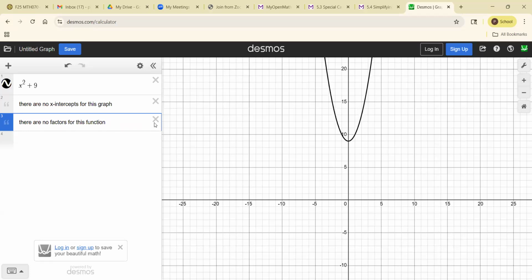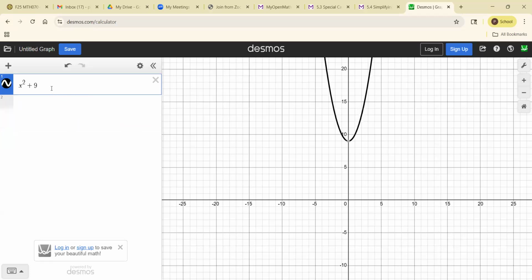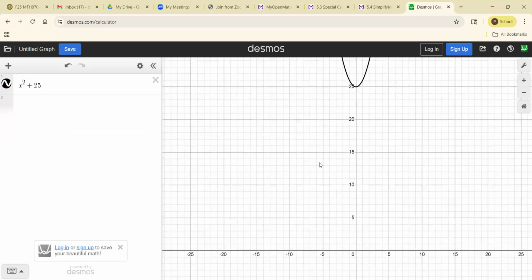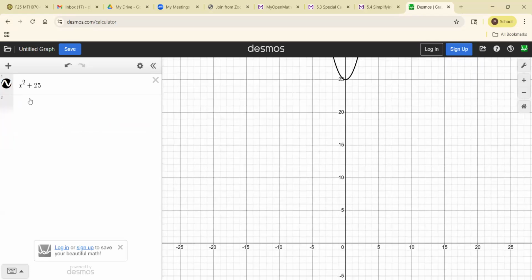Let's try another one. Let's pick another square number like 25, and x squared plus 25, it's way up there. And what this means is there are no x-intercepts, so there are no factors.